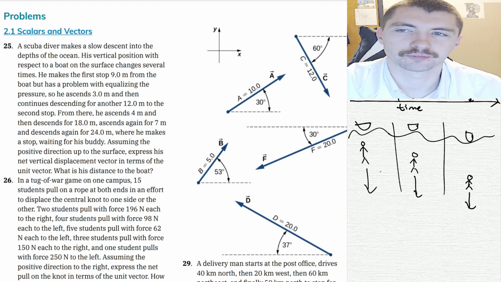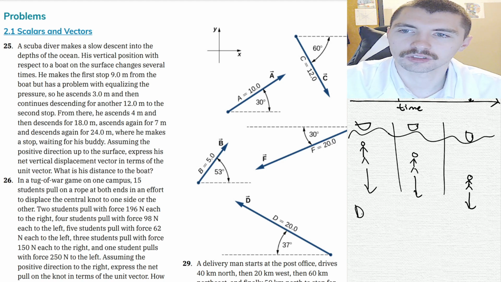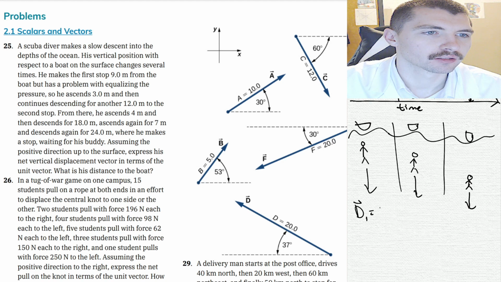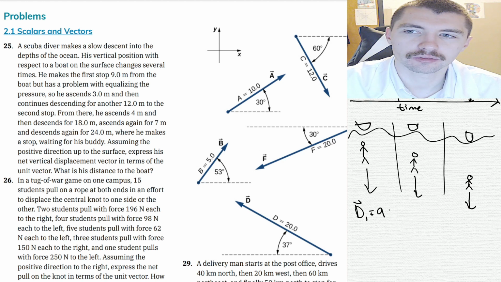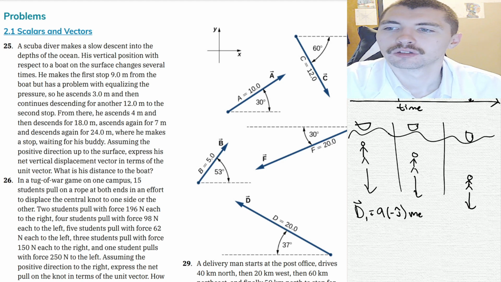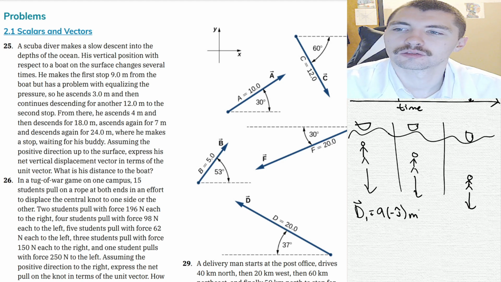Okay, so D1 equals negative 9 J meters. Okay.